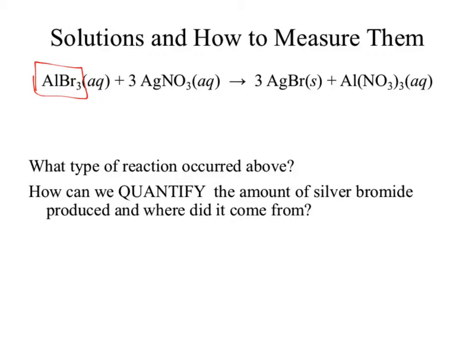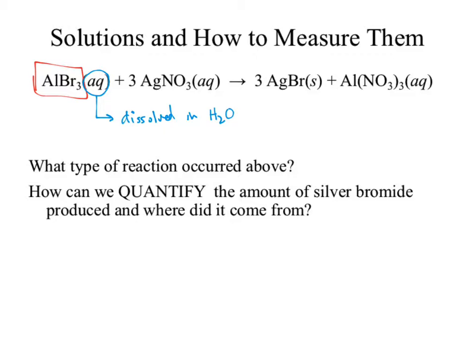It's aqueous. What does aqueous mean? Dissolved in water. So when I measured out that 5 grams, what is that 5 grams? That is the mass of solid aluminum bromide and water.